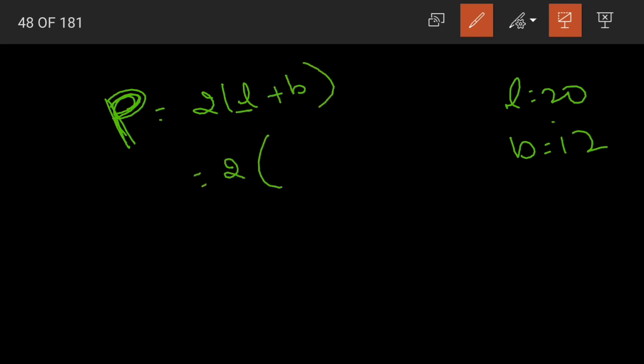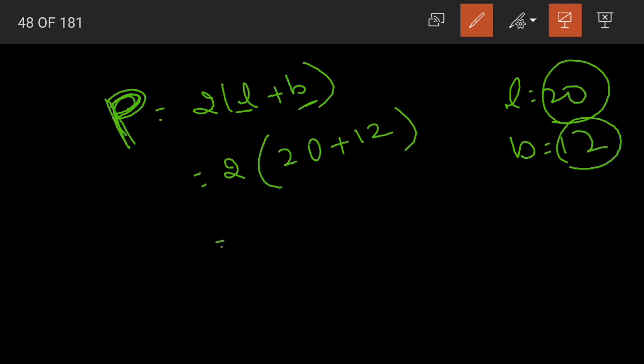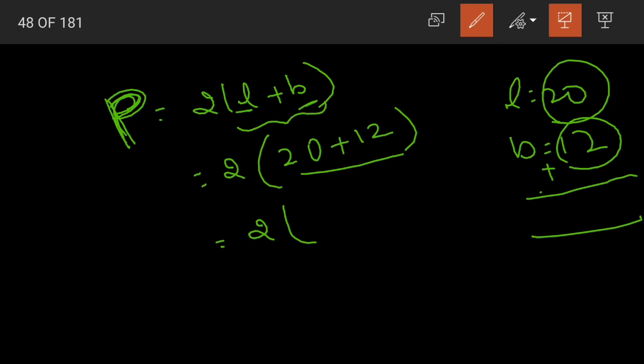So instead of L, we are going to write 20, plus instead of B, we are going to write 12. 2 into, what is 20 plus 12? Let us add here. Again children, if you remember, as length and breadth are together inside this bracket, first we have to solve this part. Yes, the part that is inside the bracket.